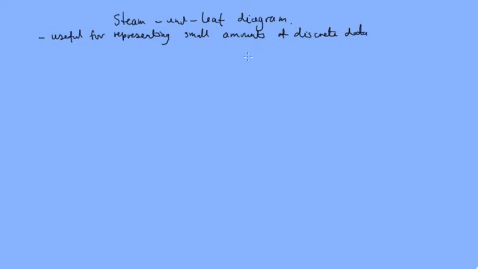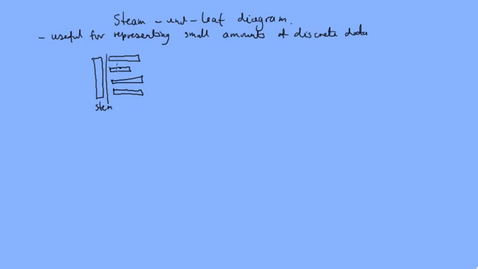So what we have is a list of digits, this would be our stem, and then we have leaves coming off this stem. The last digit of each data value appears as a leaf on this part here, and the other digits appear on the stem.